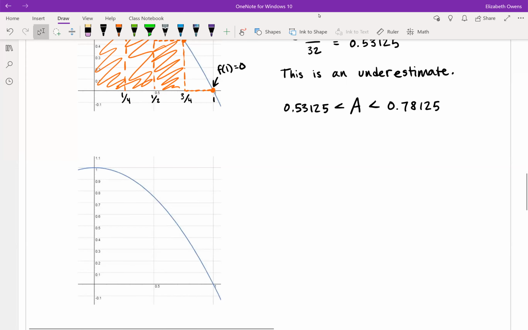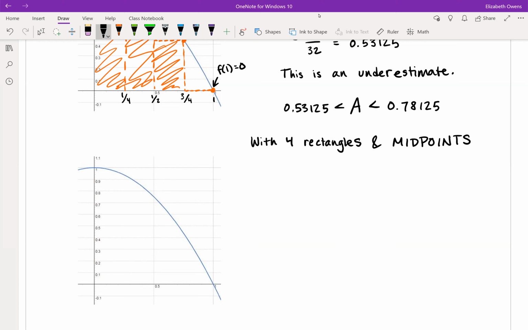Our next sketch, we're going to do something else with 4 rectangles. So with 4 rectangles and midpoints. So this is not going to be to the extreme right or left. It's going to be the point in the middle of the rectangle.